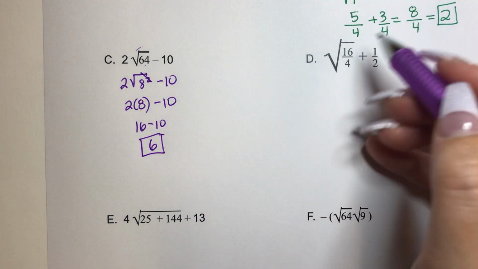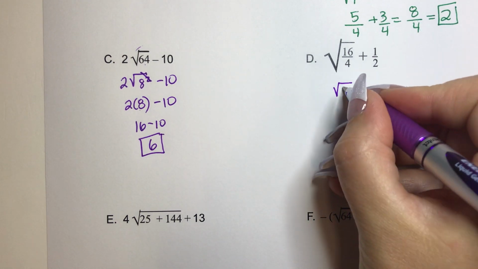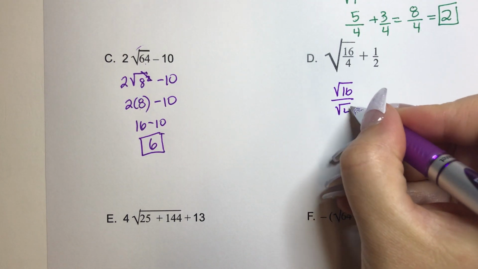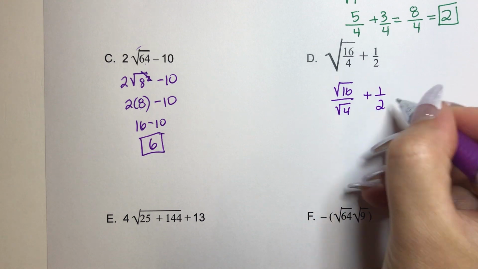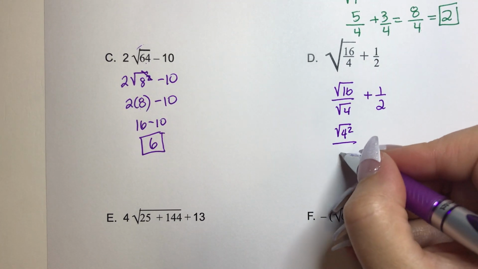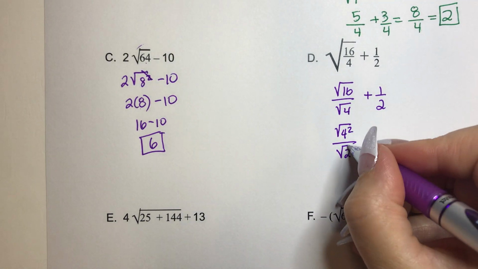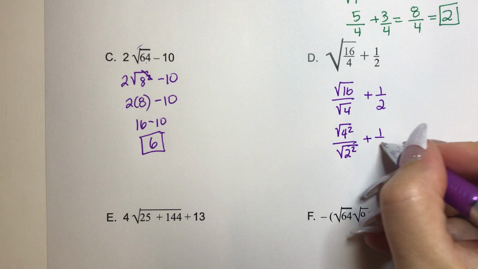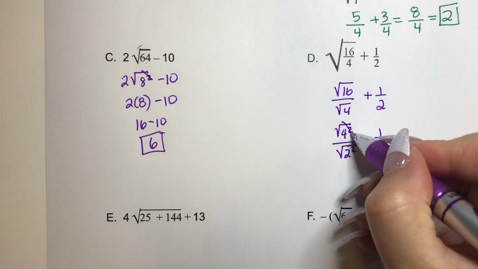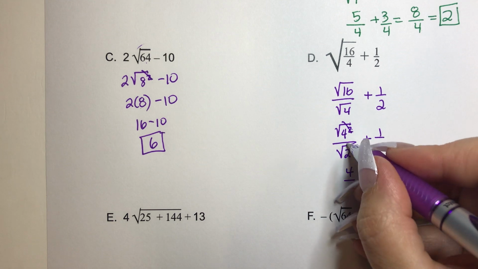Okay, let's look at this one. Square root of a fraction, no problem, because we can just take the square root of each individual thing, right? The square root of 16 is the same thing as 4 squared, all over the square root of 4. That's also a perfect square number because it's the same thing as 2 squared. The square root and the squared cancel each other out, and we're left with 4 over, square root and squared cancel each other out.